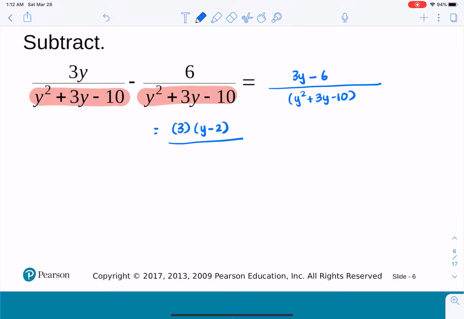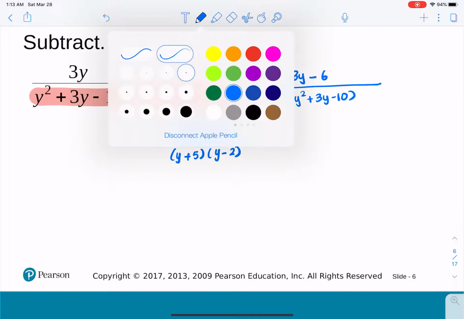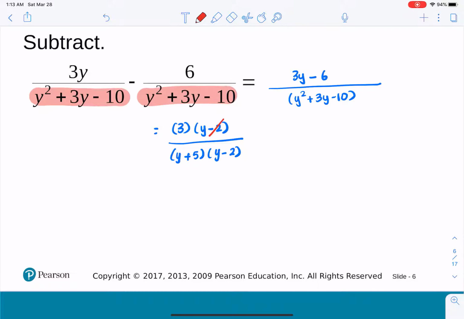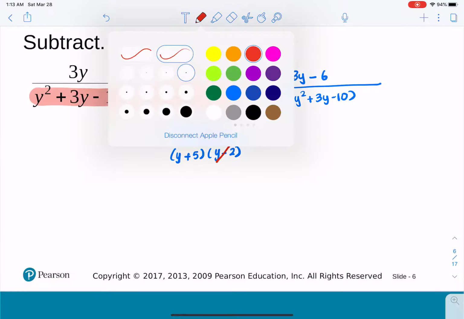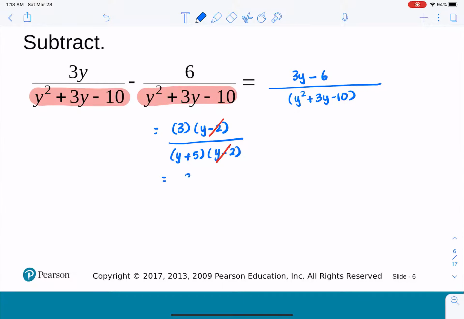The denominator has y squared plus 3y minus 10. We'd like to know if I could write it in terms of y minus 2 so I can cancel the common factor. If I factor the denominator, I could write it as y plus 5 times y minus 2. So I have a common factor between the numerator and denominator, which I will cancel, leaving me with 3 over y plus 5.